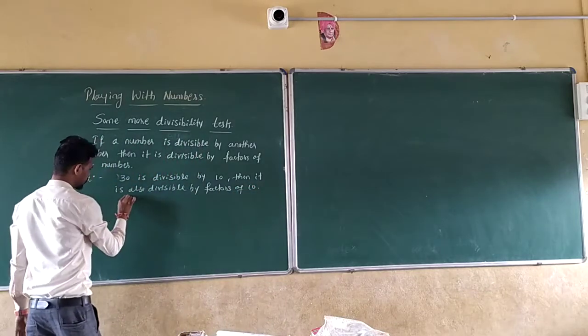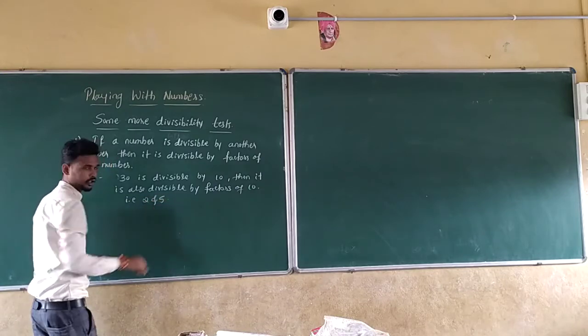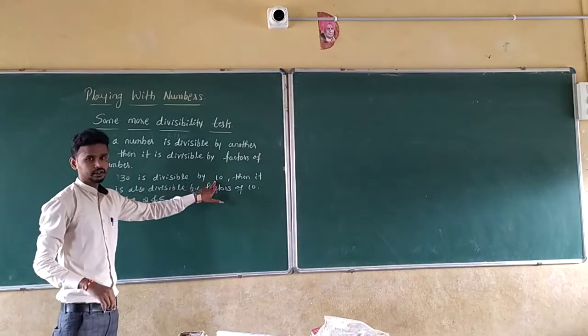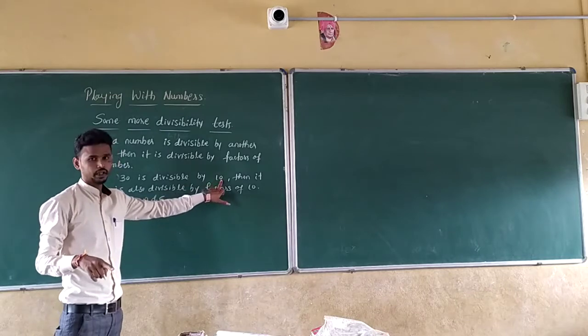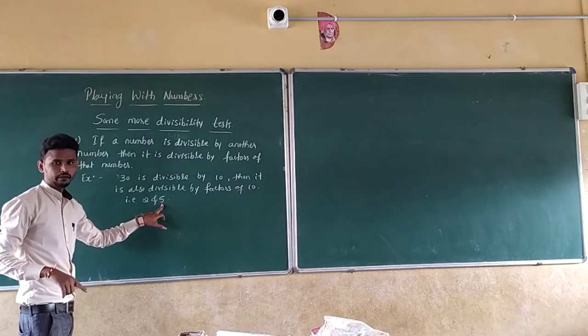That is, factors of 10 are 2 and 5. 30 is divisible by 2 and 30 is also divisible by 5.